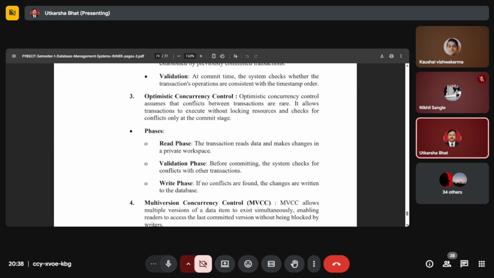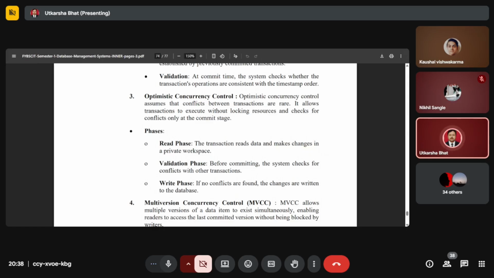Read phase: the transaction reads data and makes changes in a private workspace. Validation phase: before committing, the system checks for conflicts with other transactions. Write phase: if no conflicts are found, the changes are written to the database.